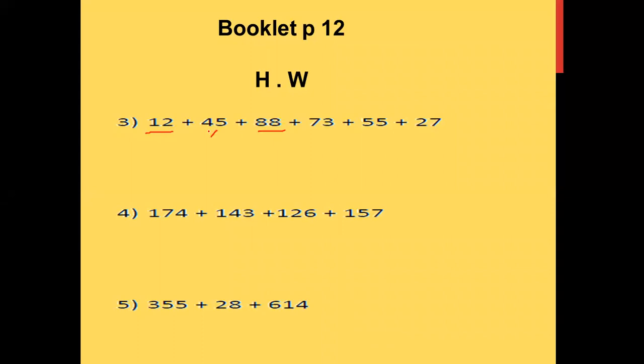And I will take 45 with, yes, with 55. Excellent. Why? It starts with 5 and it starts with 5. And then I will take 73 with 27 because it starts with 7 and it starts with 3. And then make associative between each two and get the result.